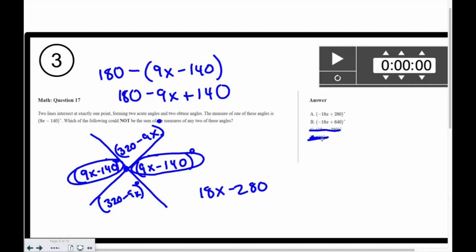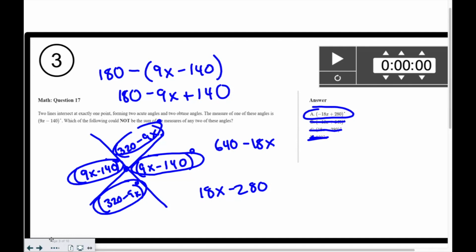So C is wrong because again, it's which one could we not get? And then I'll add the angles going across this way, and that is 640 minus 18x. So I could get negative 18x plus 640, so B is wrong. So the answer must be A, because I added all the possibilities and never got negative 18x plus 280.